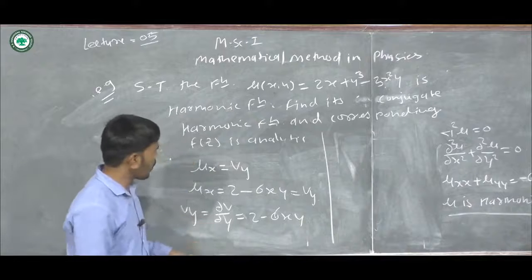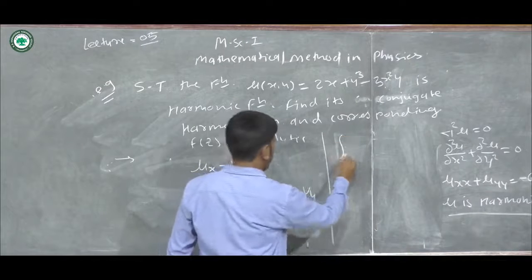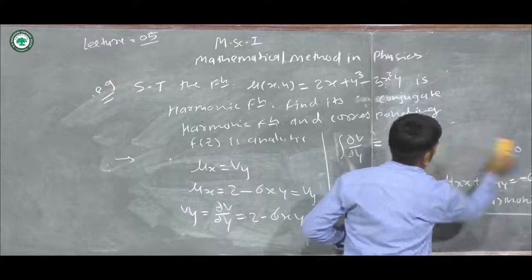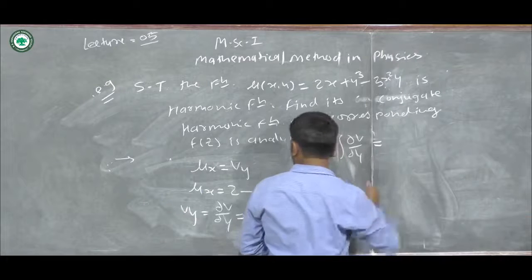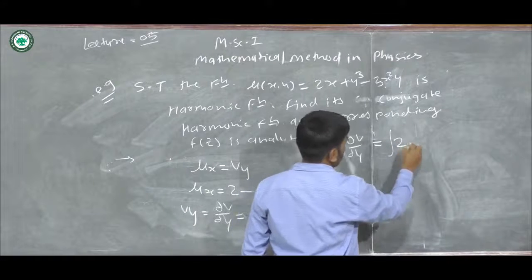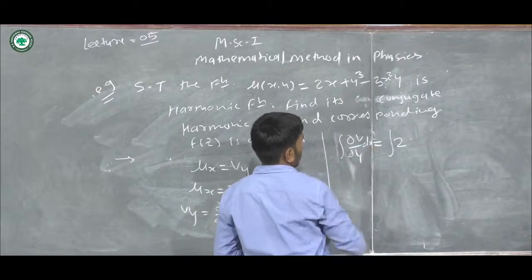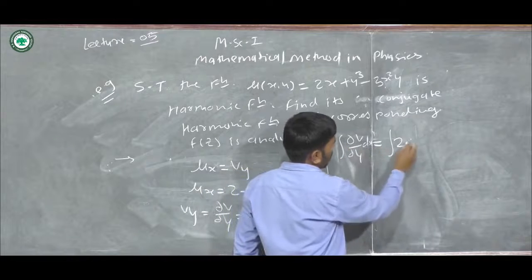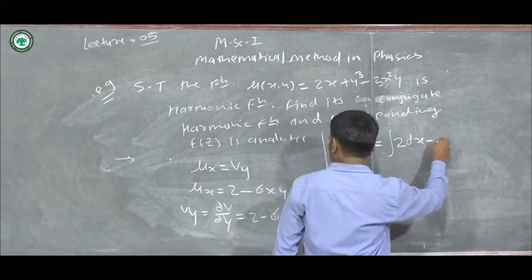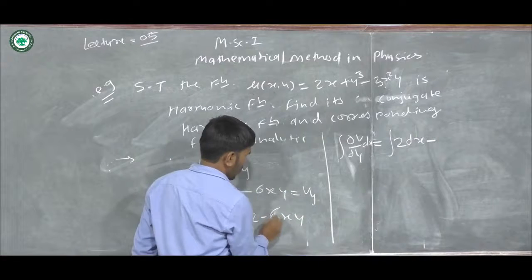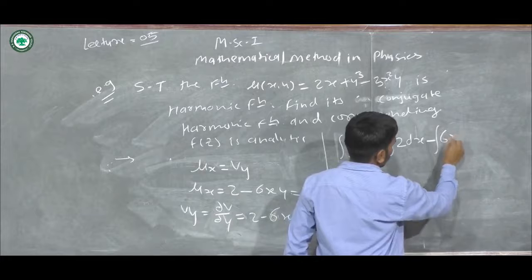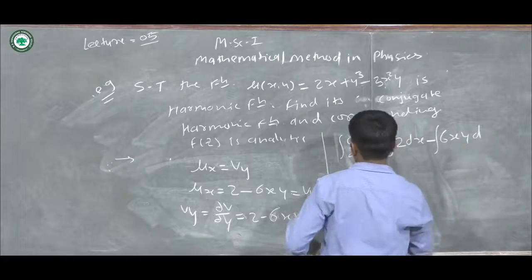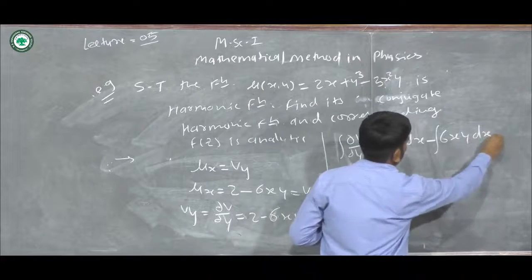So if I apply the integration, dou v by dou y is equal to the integration of 2 minus 6x into y, with respect to x.